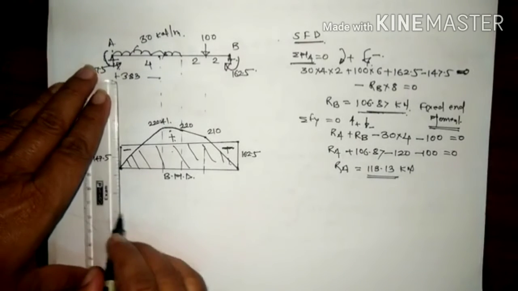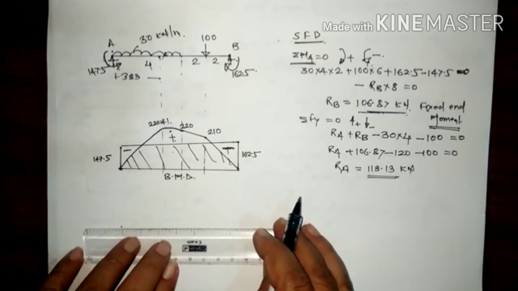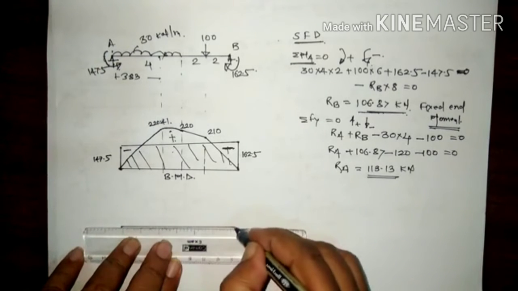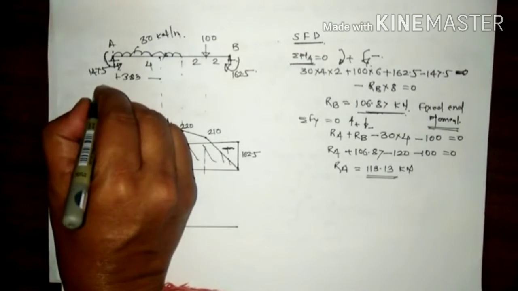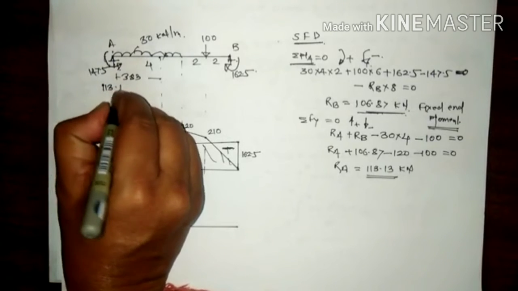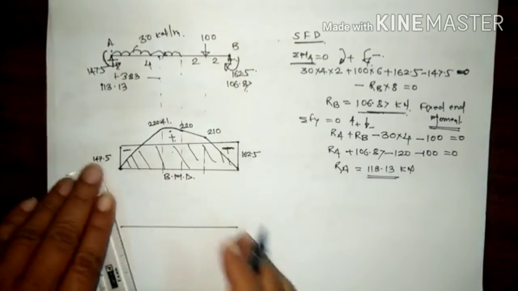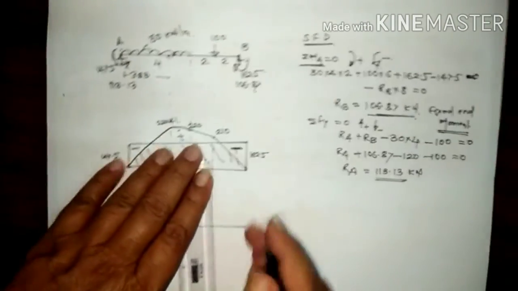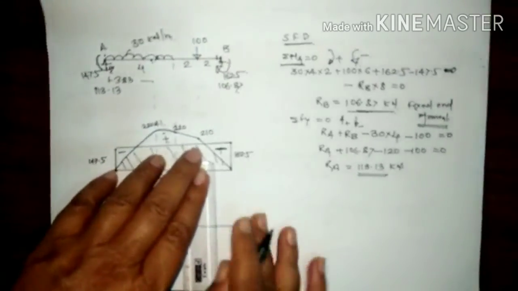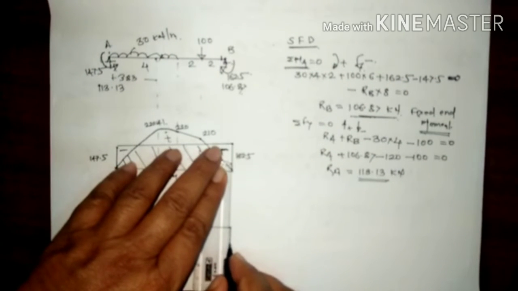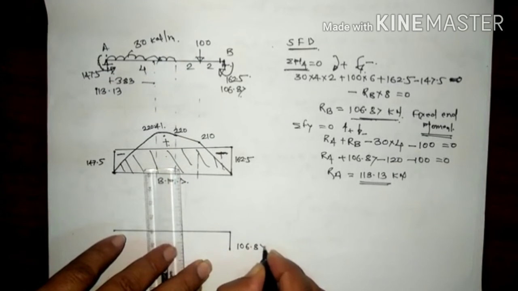For that, again here, so now we got here the reactions. RA is equal to 113.13 and this RB is 106.87. So we know again from the right side, if you consider shear force here, upward force is negative, so that is minus 106.87.